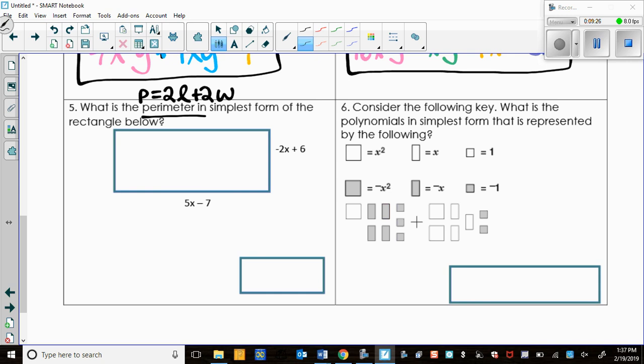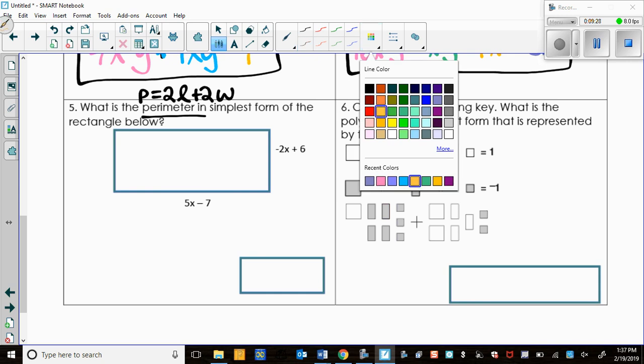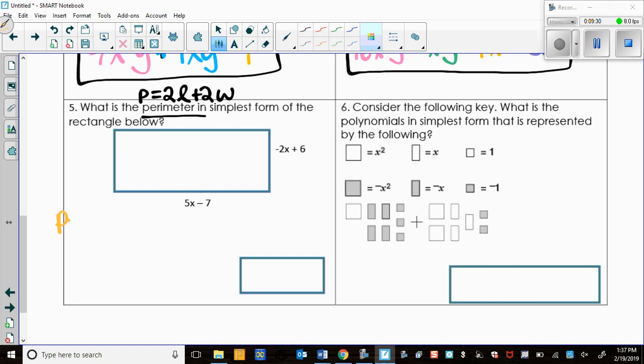So here we go. Perimeter equals 2 times the length. Well, we can go ahead and make this one L and this one W. It doesn't really matter because these are interchangeable. So we'll put 5x minus 7. And we're going to add 2 times my width.